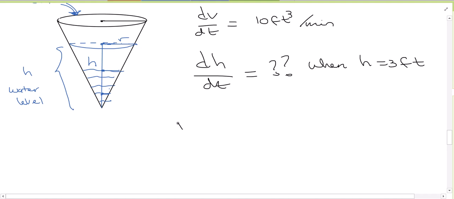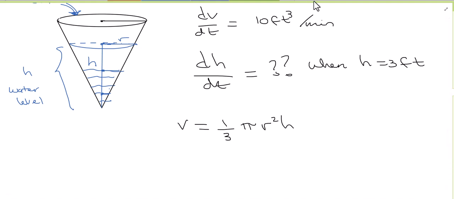That will be the formula for the volume of a cone, which is 1/3 pi r squared h. And this is where we're going to use the fact given to us about the radius, because otherwise notice that I have dV/dt and I have dH/dt. When it says relate the variables in the numerators of your d-whats, I need a formula with only V and H. Right now I have V, H, and R.